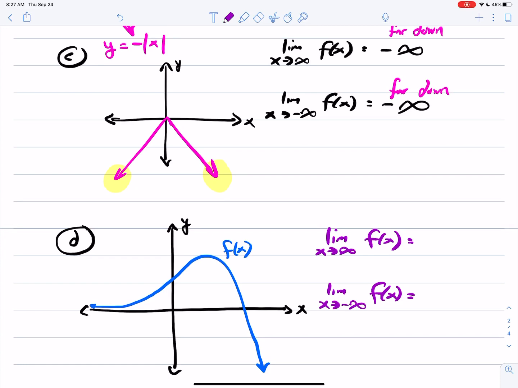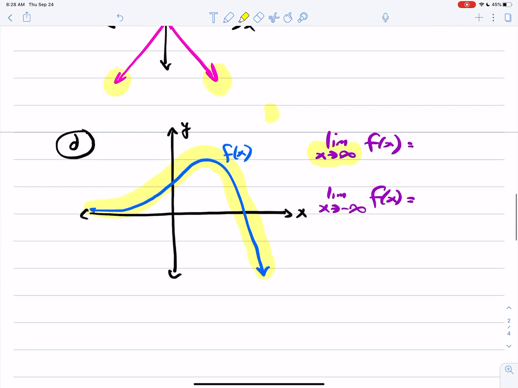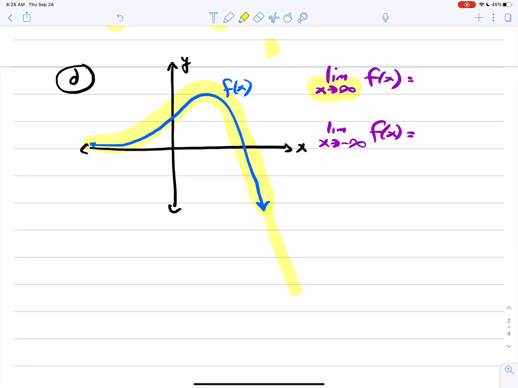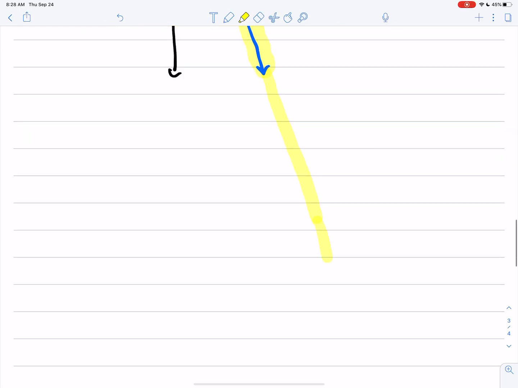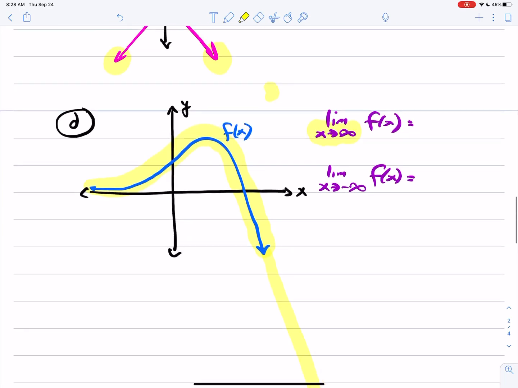Okay, so as x is approaching infinity, so as we go to the far right, okay, I notice that if I walk all the way to the right, forever and ever and ever, looks like the graph is going all the way down, far down.